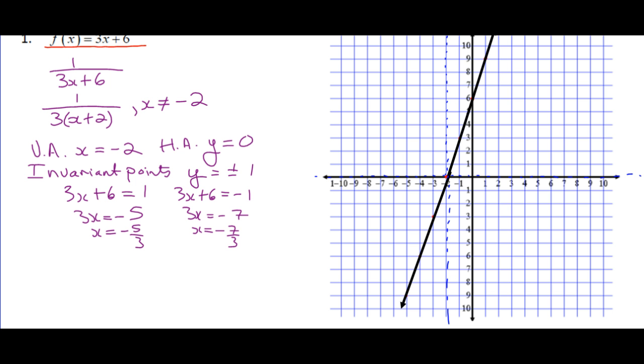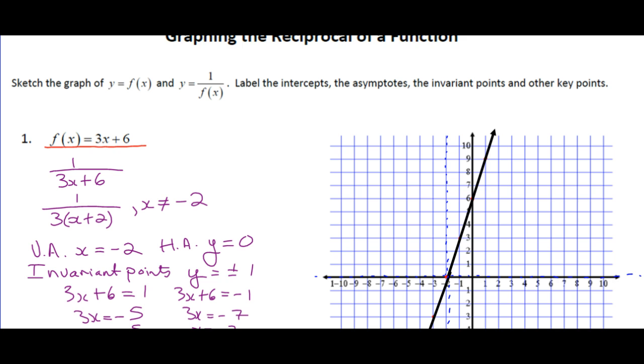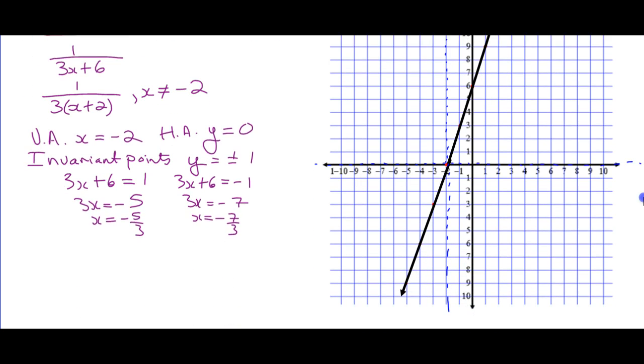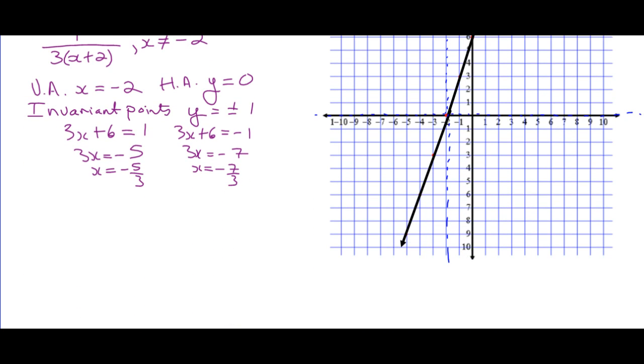The question asks us to label the intercepts, the asymptotes, and invariant points. So the invariant points are (negative 5/3, 1) and (negative 7/3, negative 1), right?